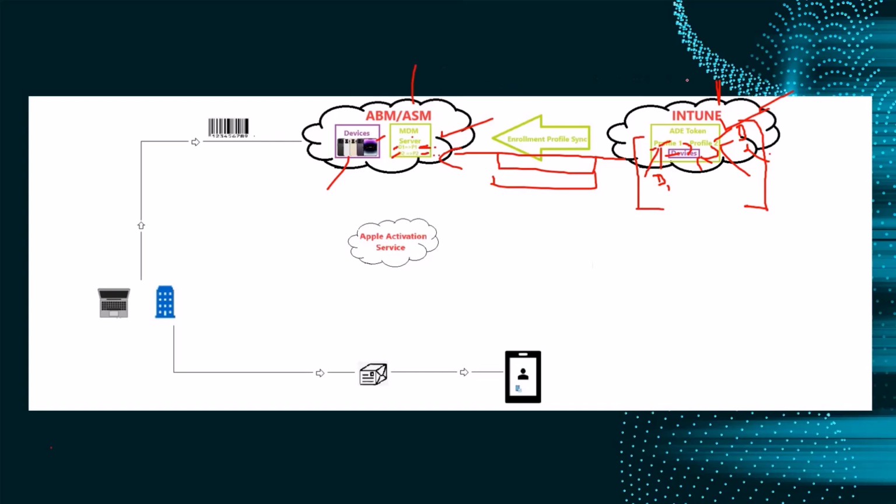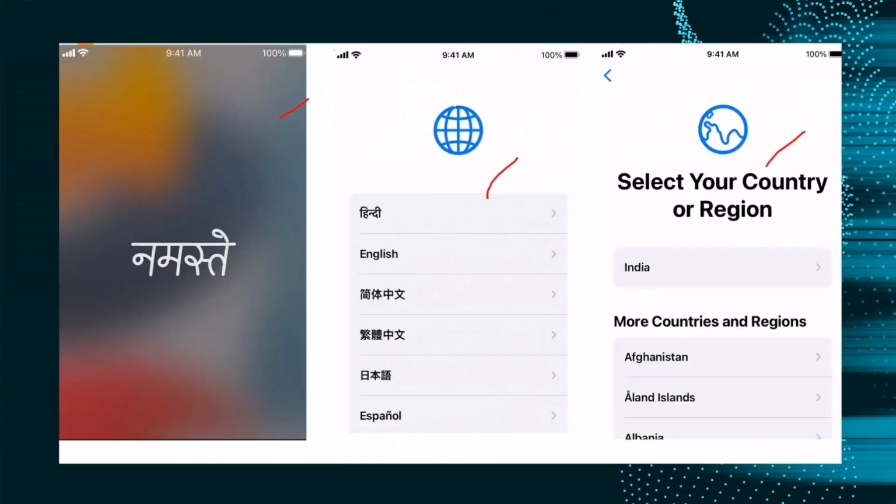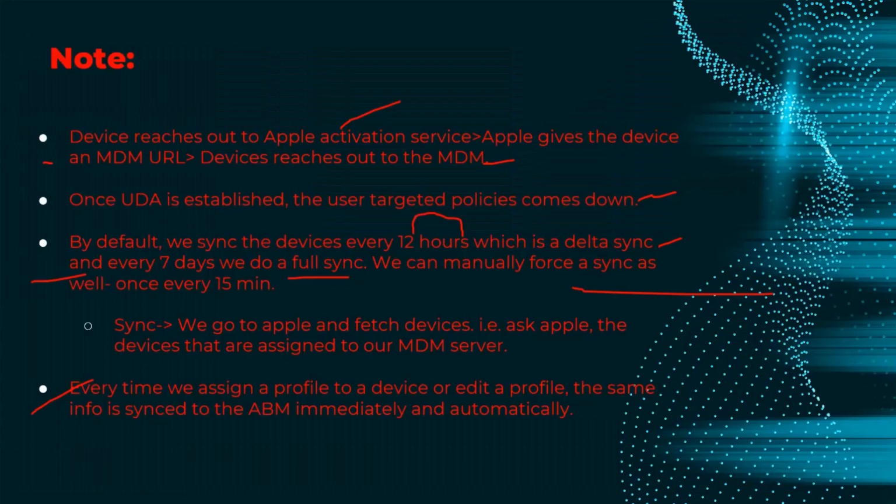We have an option of triggering a sync between ABM and Intune by going into Intune and clicking on the token that we have. We are going to see that later. We can do that by default every 15 minutes, and a sync happens automatically every 7 days, which is a full sync. And there is a delta sync as well that happens, as we saw over here, every 12 hours.